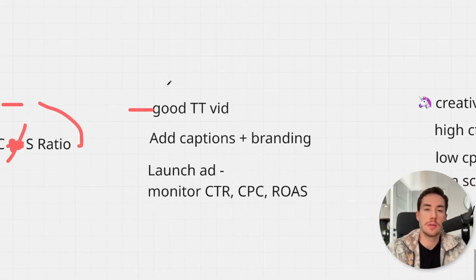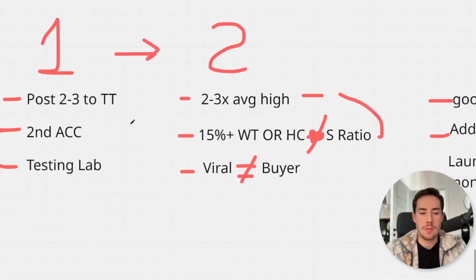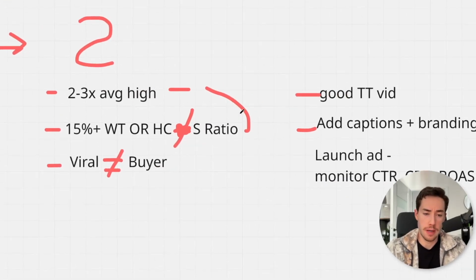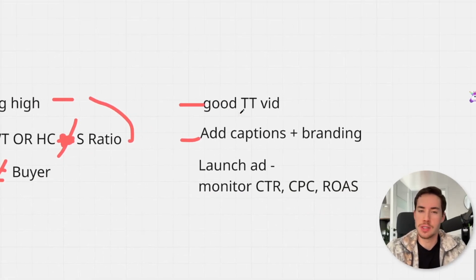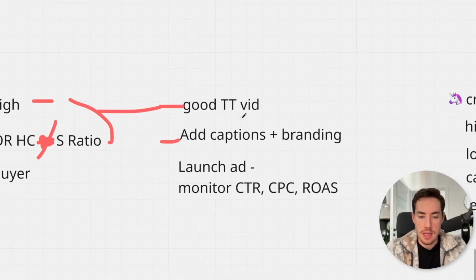What you're going to do now is you're going to run it as an ad. You're going to potentially add captions, maybe a bit more editing, because like I said, with these 2 to 3 posts, it's going to be mostly raw, right? Mostly raw. You're not going to be adding much edits. Don't waste your time, that type of thing. Then, once you have a good video under these specifications, then you can add some captions, potentially add a little bit more overlays, maybe branding, edits, that type of thing.